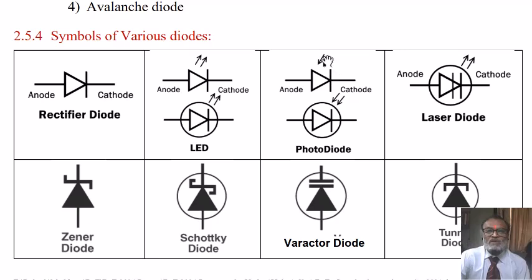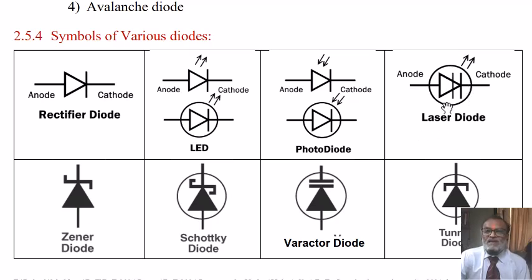Third is a photodiode in which light is going inside and that generates the current proportional to the intensity of light radiations. Laser diode, it is similar to LED, it emits the light, but this diode emits the radiation in the laser spectrum of the electromagnetic spectrum.